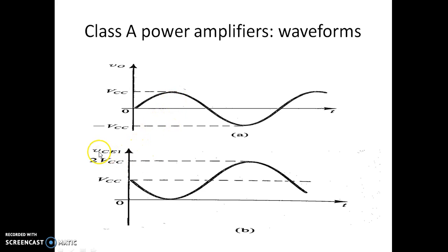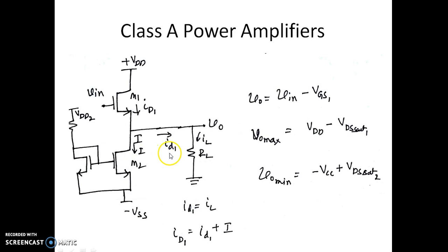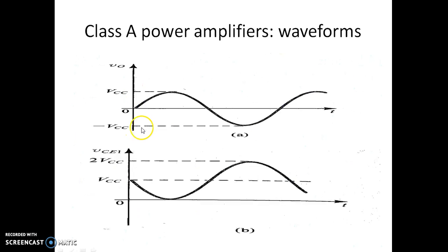Now let us look at VCE1, which is exactly equal to VDS1. VDS1 is nothing but VDD minus V0. So when V0 is 0, VDS1 is VDD minus 0, which is equal to VDD. When the output voltage is 0, VDS1 is equal to VDD.